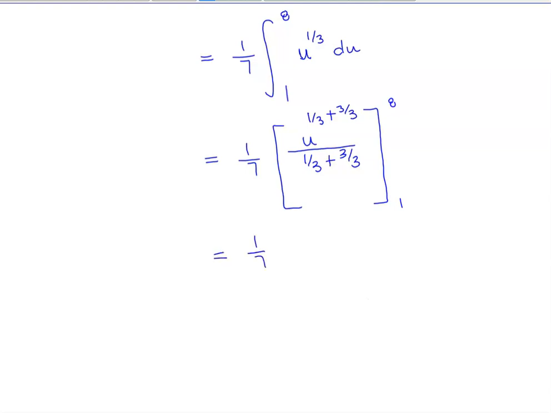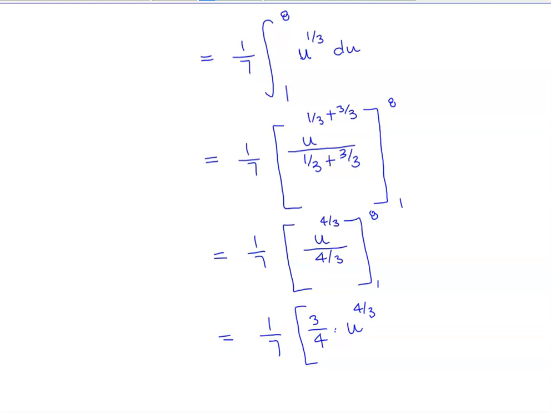So we have 1/7 times u to the 4/3 divided by 4/3, going from 1 to 8. And now we're going to take the reciprocal of the denominator, which is going to be 3/4 times u to the 4/3, going from 1 to 8.